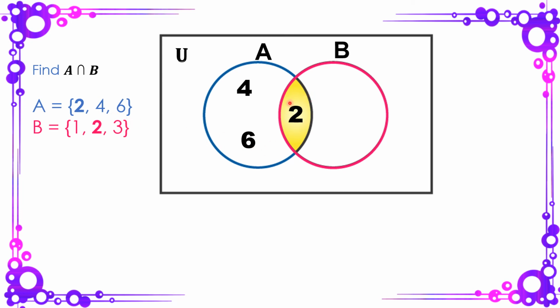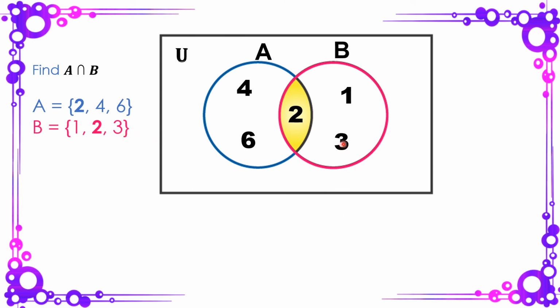And we need to put the number 2 in the middle part or in the overlapping part of these two circles. And then do not forget to shade it. You see here the shaded part, color yellow, to indicate that this is intersection, A intersection B. And for letter B, we have 1. And of course, we do not write 2 because it is the intersection part.